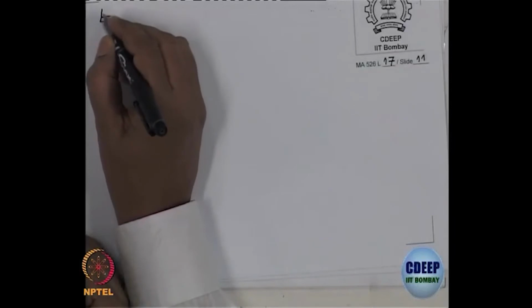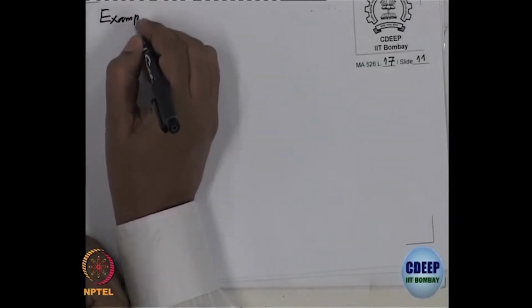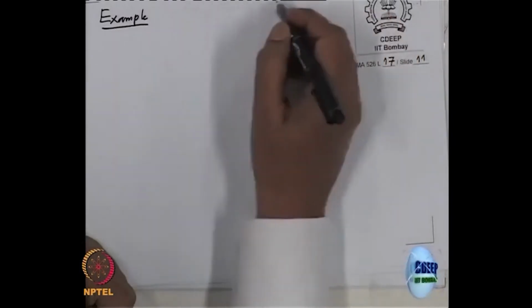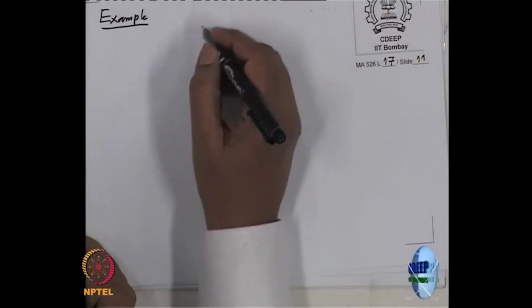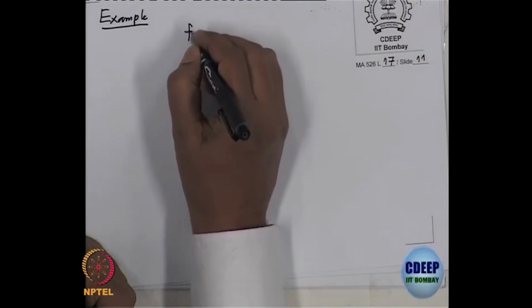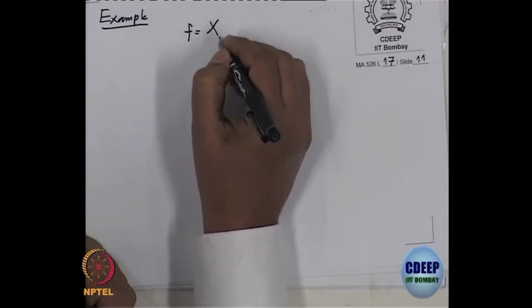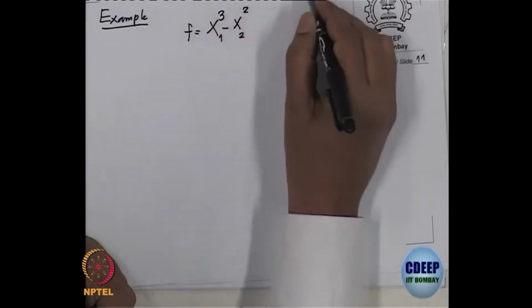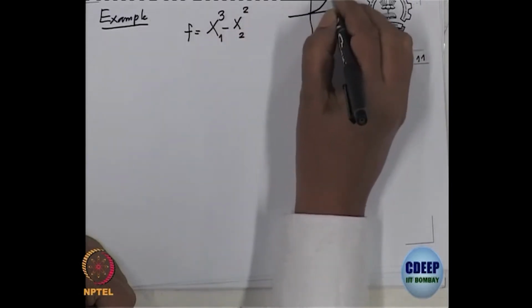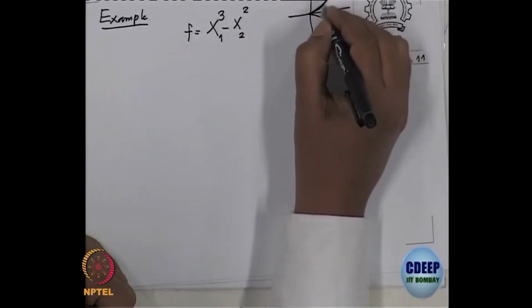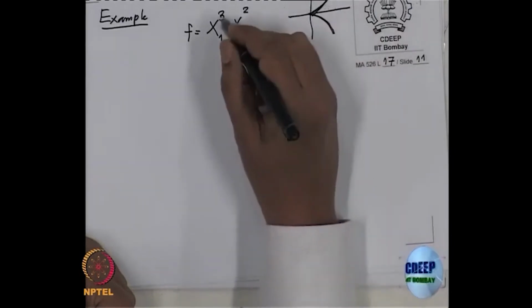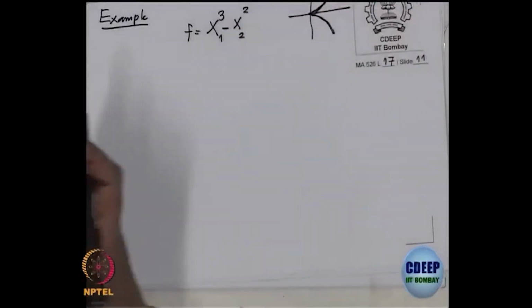Okay, let us take the next example. Let us take this cusp. You remember the cusp, that is looking at the equation f, which is x1 cubed minus x2 squared. Remember this example. This is called a cusp. And if you increase the power here, it will touch more and more.